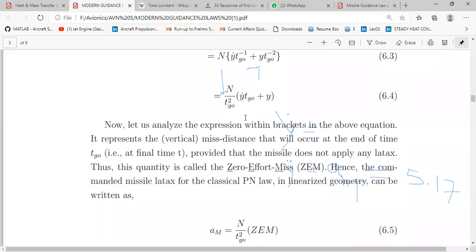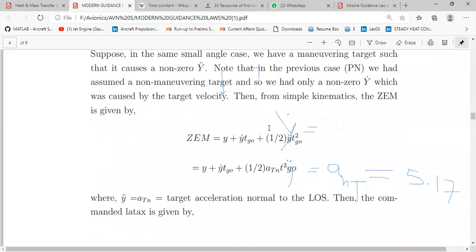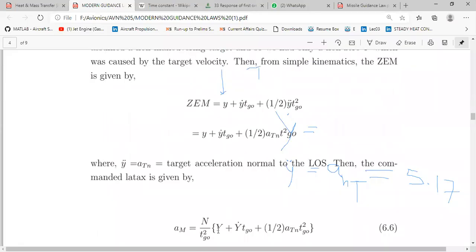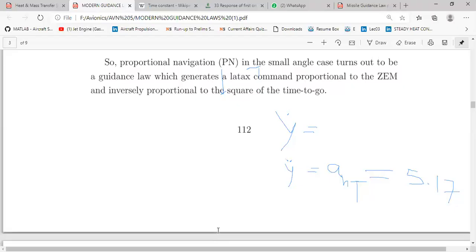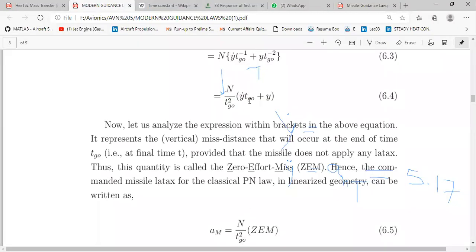Similarly for APN, ZEM will be this one. वो डिस्टेंस ही है ना? That is your distance. Means this is how much distance your missile will miss the target. LOS की है फिर वर्टिकल डिस्टेंस? You are talking about which? So miss distance.